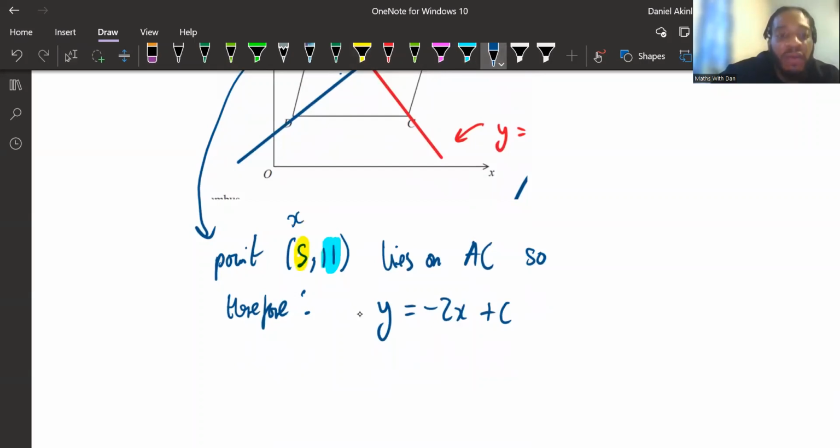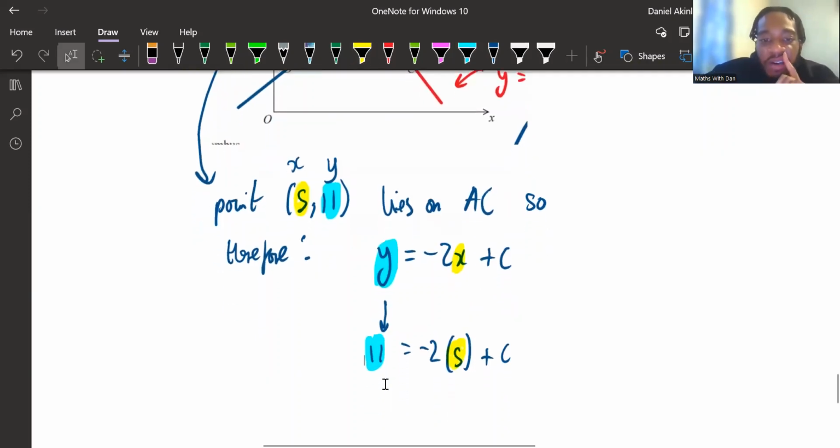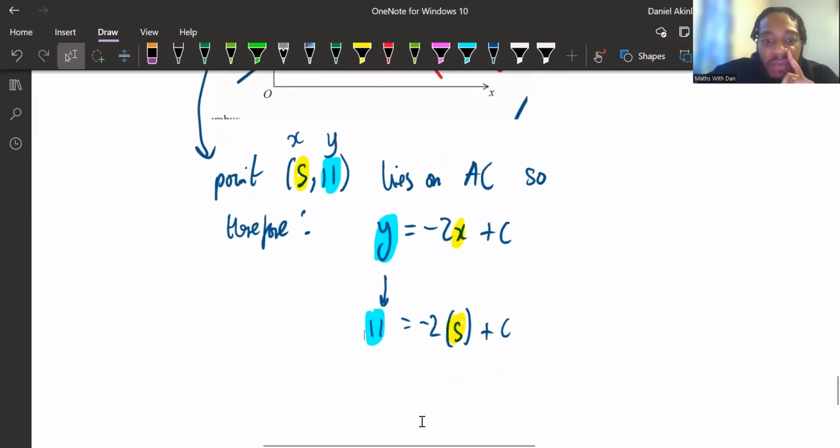I'm going to write x here, I'm going to write y here. So therefore, I can replace it here. So this would be 11 equals -2 times 5 plus c. I'm going to put these in color so it's clear to see what I'm doing. Does that make sense, guys, so far? I'm giving a couple of seconds just in case anybody has any questions.